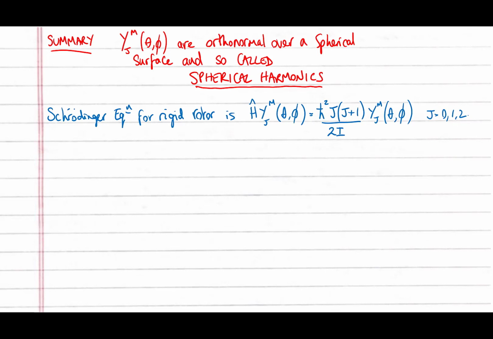Okay, in fact this is the Schrödinger equation in its simplest form. So we've got the eigenvalue. The eigenvalue is this expression here, ringed in red.